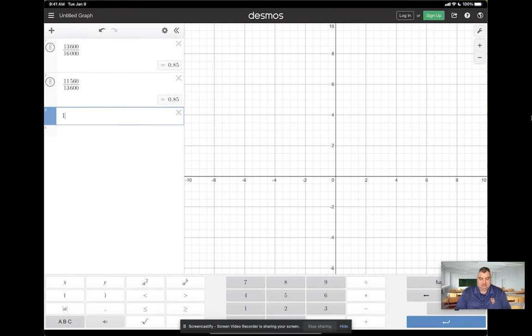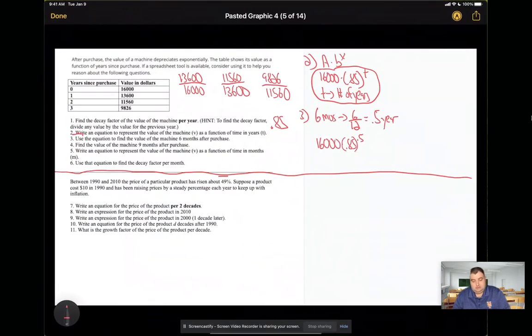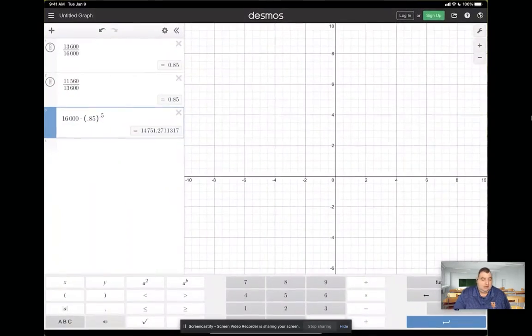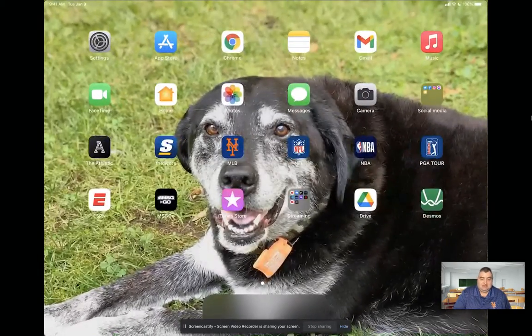So it's 16,000 times 0.85 to the power of a half. And we get a value of $14,751 and 27 cents.